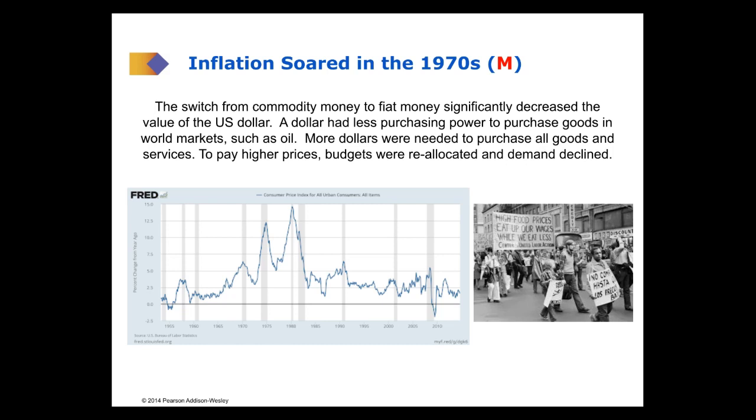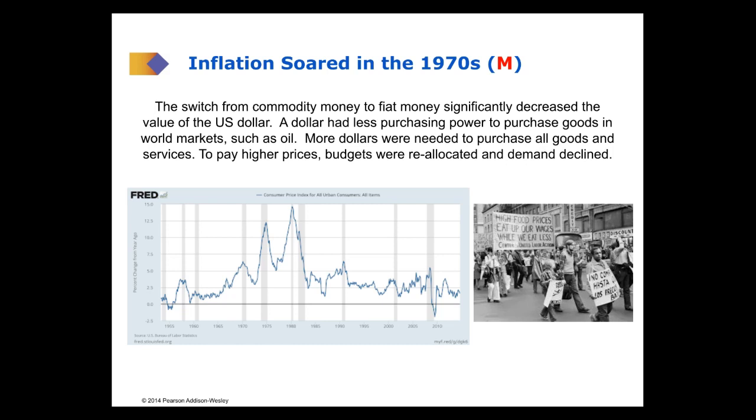So more dollars were needed to purchase the same goods and services. We had to pay higher prices in order to get all products, including gas and oil, which was certainly an important product. And budgets, in that case, get reallocated. People, if they have to pay more for something, reallocate budgets, and this will cause a decline in demand and a decline in economic activity.